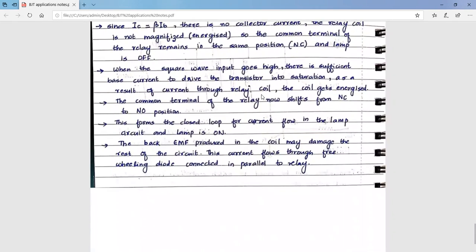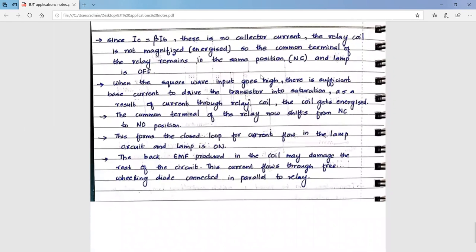When the square wave input goes high, there is sufficient base current to drive the transistor to saturation. As a result of the current through the relay coil, the coil gets energized. The common terminal, the switch of the relay, will shift from NC to NO position. This forms the closed loop for the current to flow in the lamp circuit, and the lamp is on.